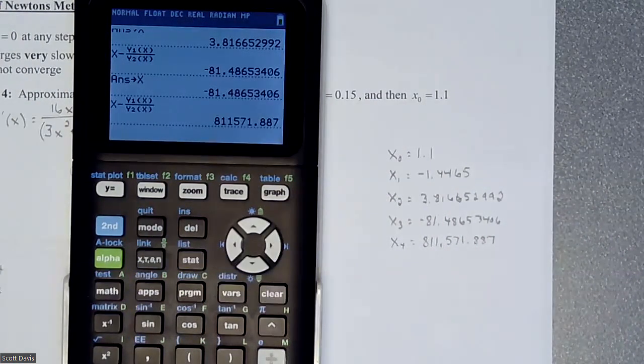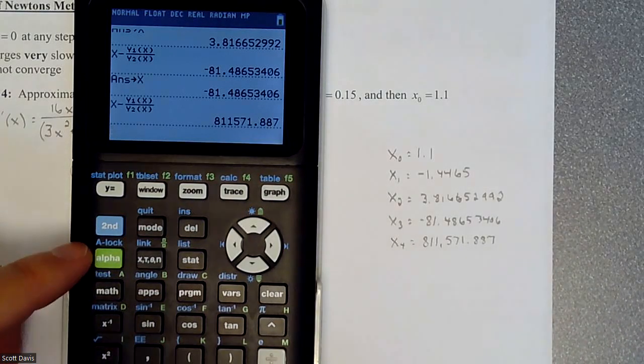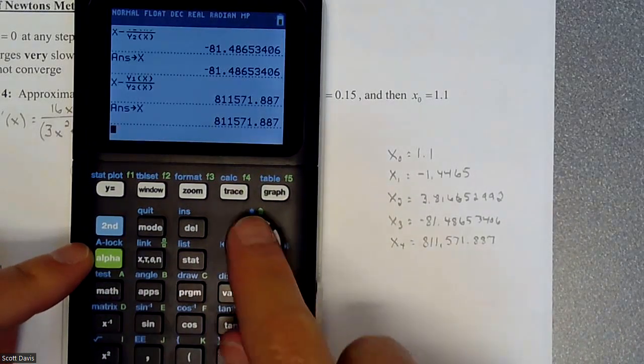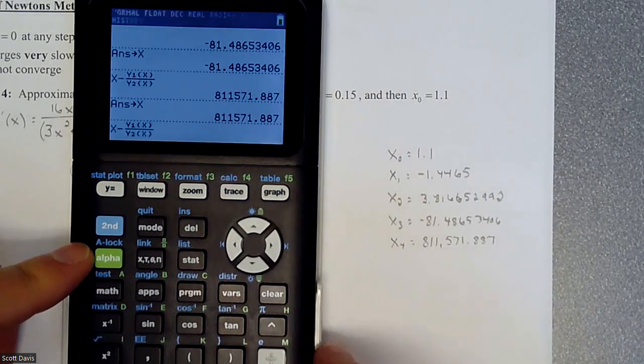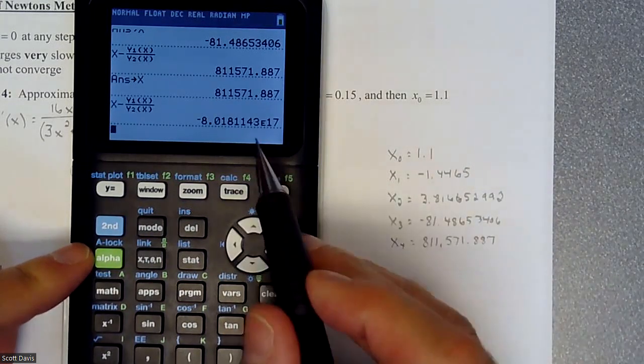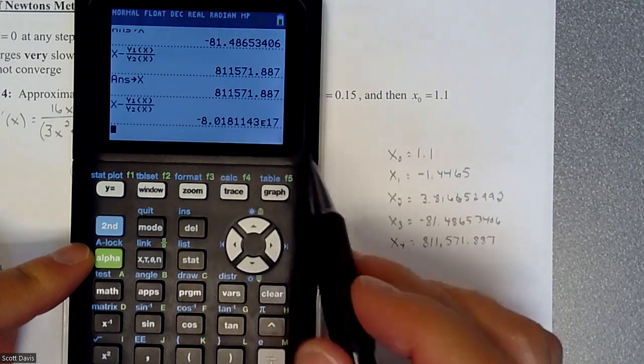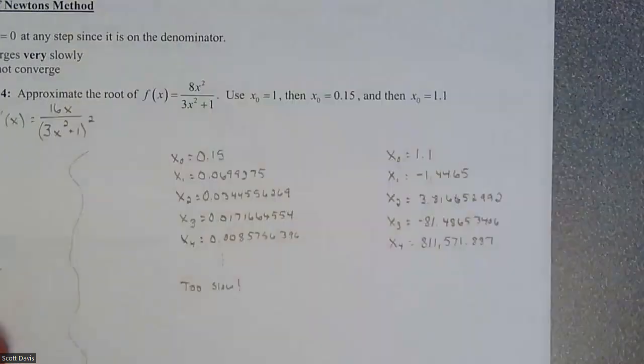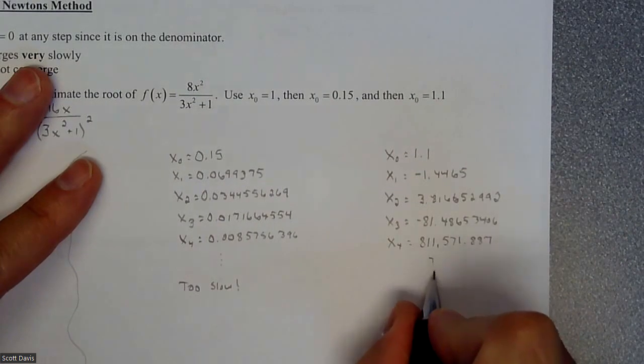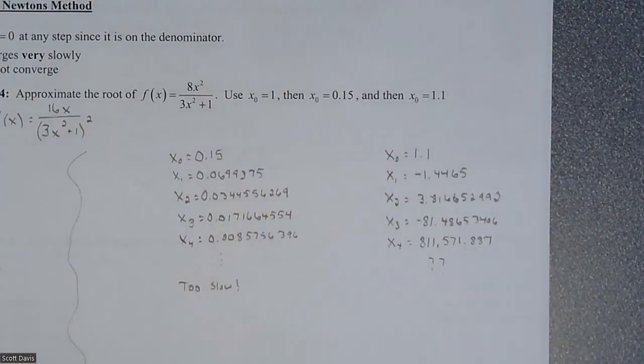So this thing just blew up. So if we do it one more time, we'll store it as x, let it do its thing. We went to something that was absolutely huge. Scientific notation, we'd be shifting this thing 17 decimal places. So this thing went to, I have no idea.